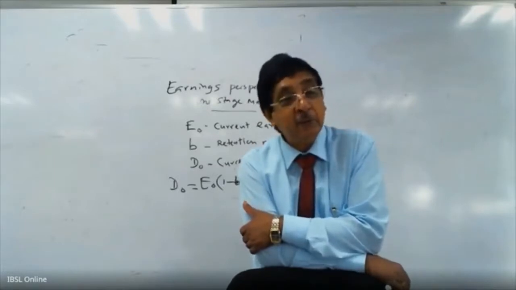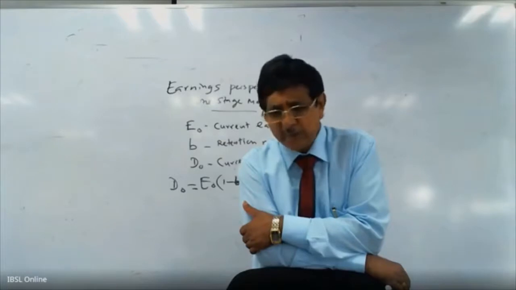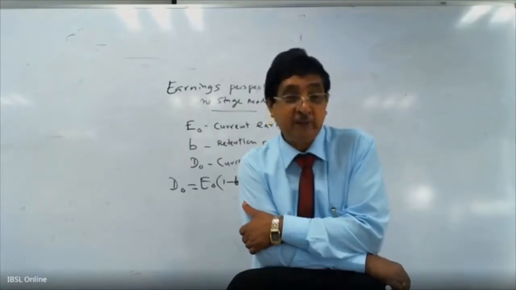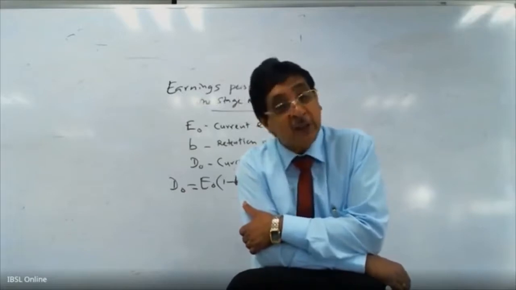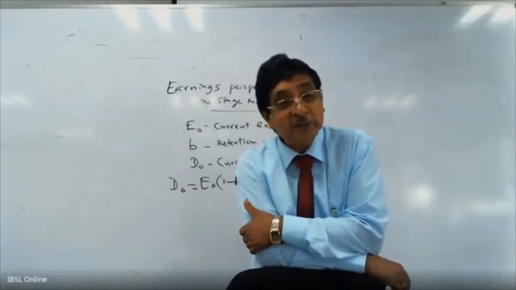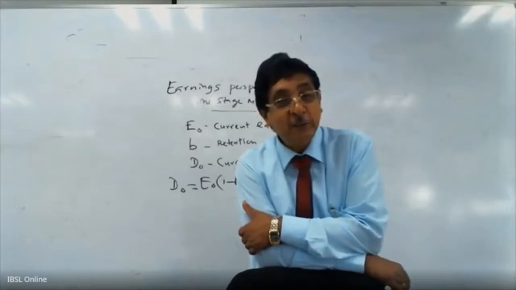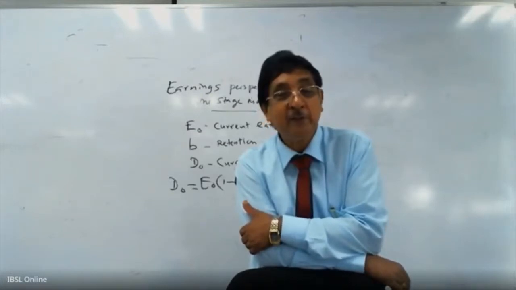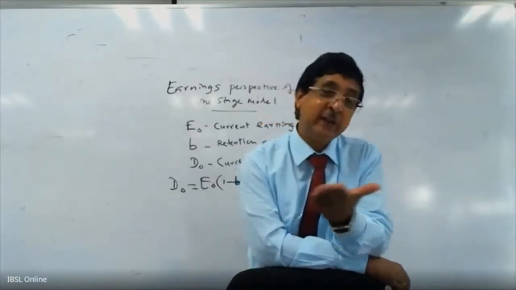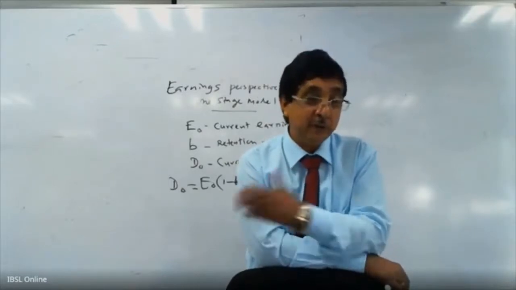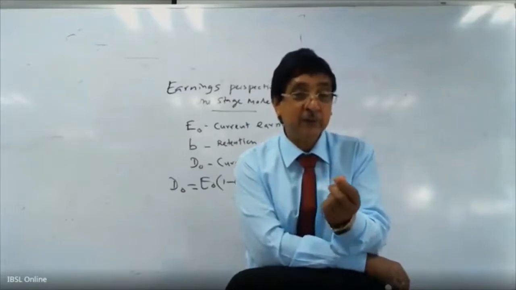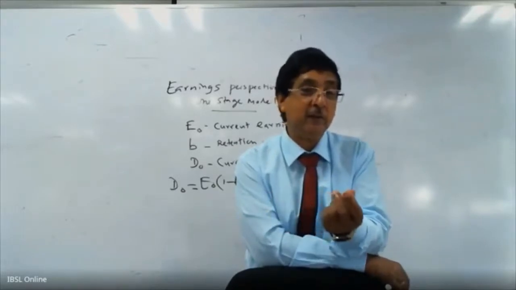So what is the retained amount? Sorry, what is the dividend amount? 150 minus 120, that is 30. Dividend amount is 30. Now what was the earlier dividend? 20. 20 has become 30. What is the growth? 10 is the growth and 10 out of 20 is 50%. So you see, the earnings growth is equal to the dividend growth, because the earnings growth is the first thing which we experience.